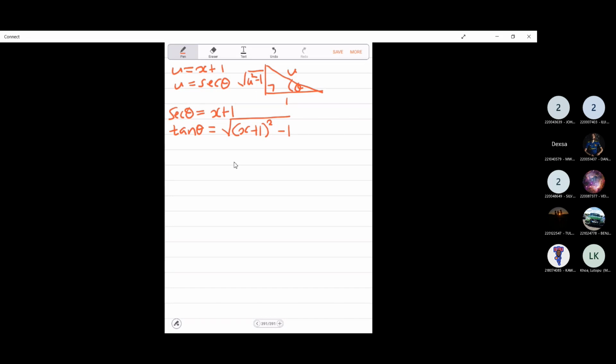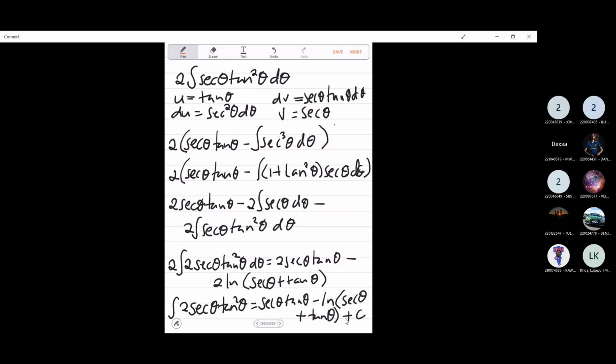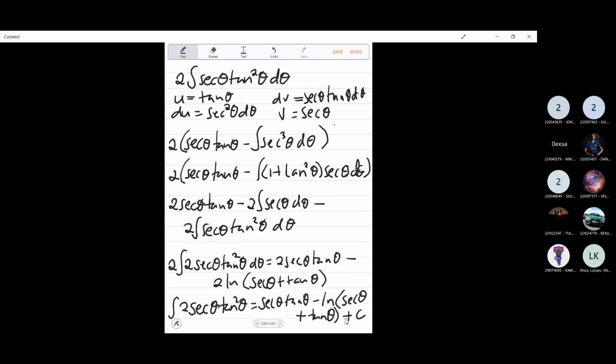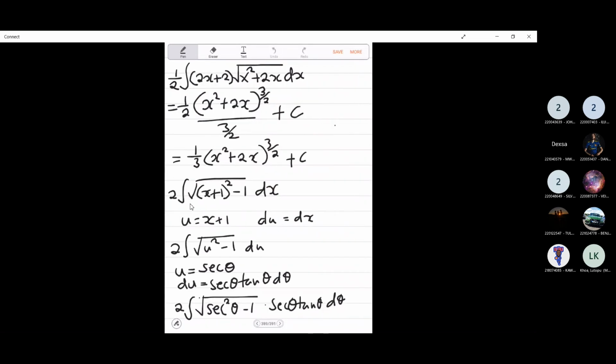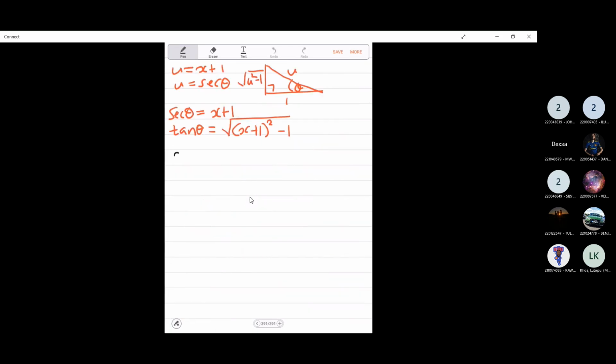Now we substitute everywhere here. So sec theta times tan theta. We should now just write the integral. Okay, so the second integral after we split them up, so we have 2 integral of the square root of x plus 1 squared minus 1 dx.